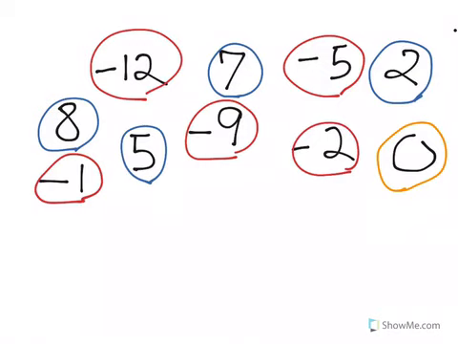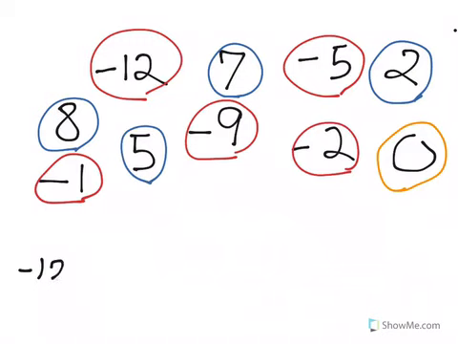One rule that we need to know is that negative numbers are always less than positive numbers. Always. So when I say the least, I know I'm going to be looking at my negative numbers, the ones I circled in red. And since they are going backwards on the number line, they will be in reverse order.